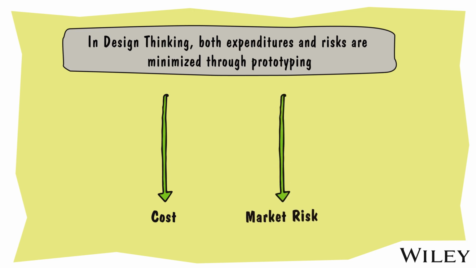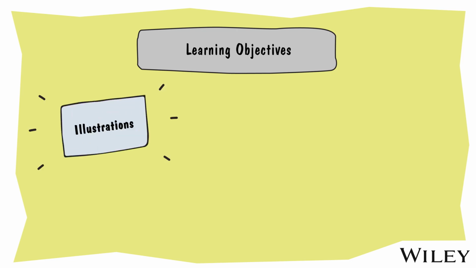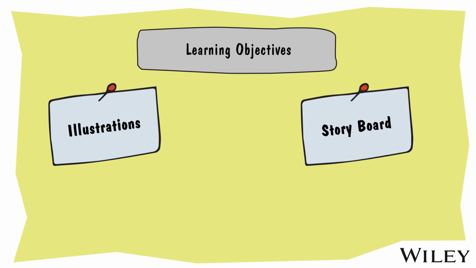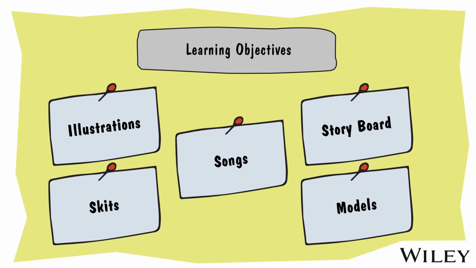Market risk is reduced by using prototypes to obtain feedback from customers and users well before launch. By the end of this video, you should be able to explain the following types of prototyping tools: illustrations, storyboards, skits, models, and songs.